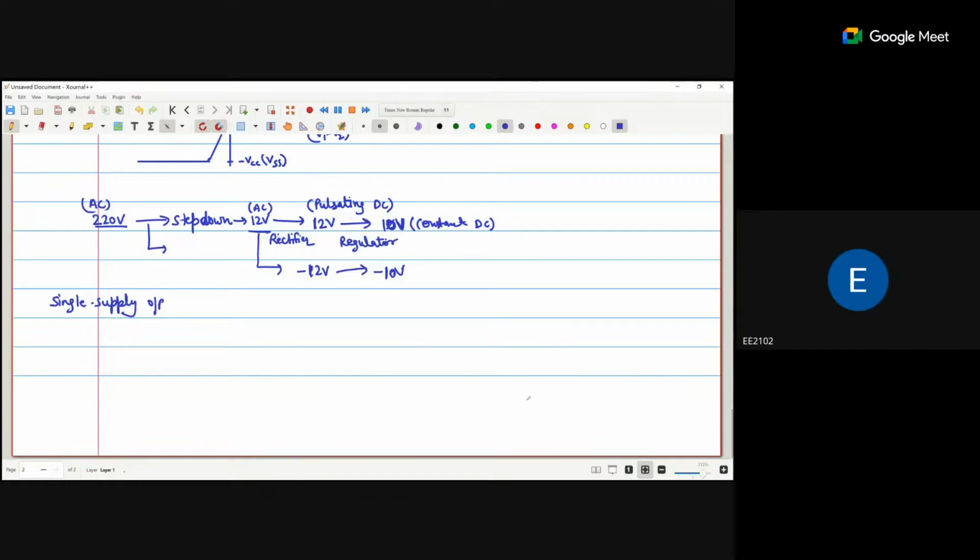The benefit of single supply operation is you require only one supply voltage.